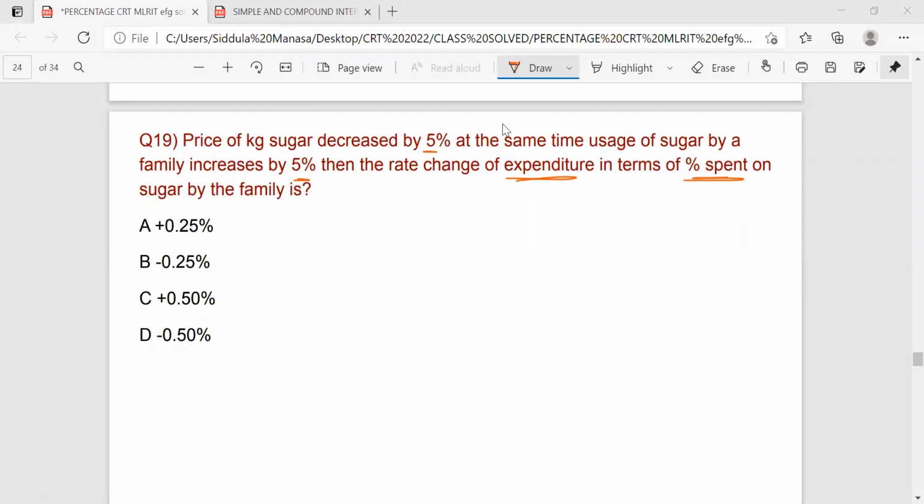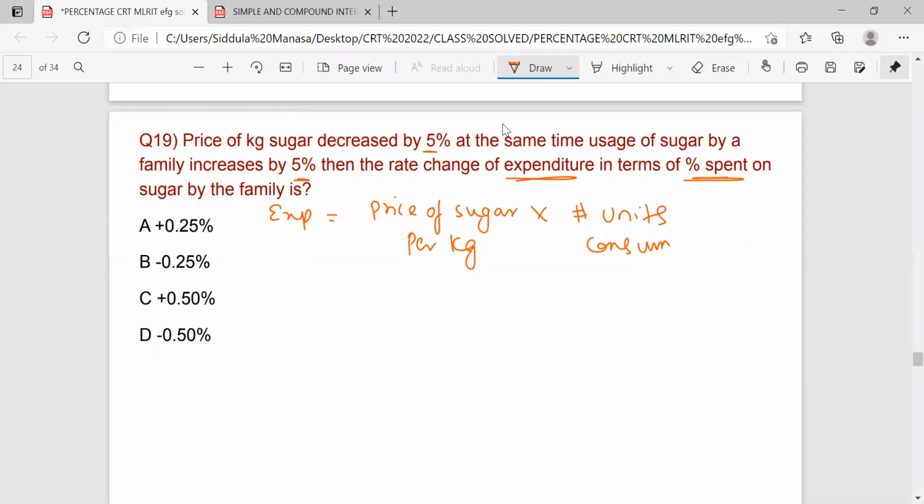Now see, expenditure is equal to price of sugar per kg into number of units consumed. Right. So for the initial expenditure, the price of sugar per kg is not given.